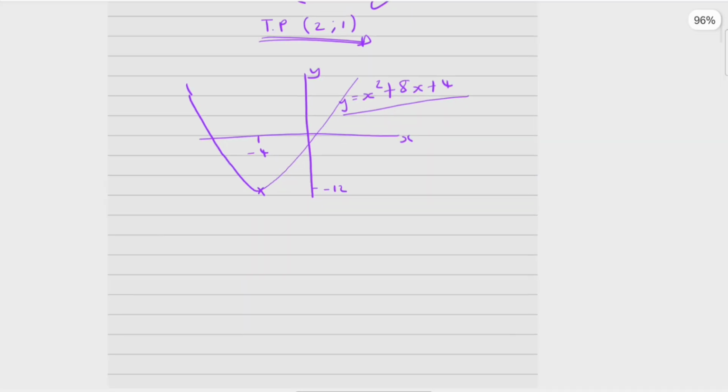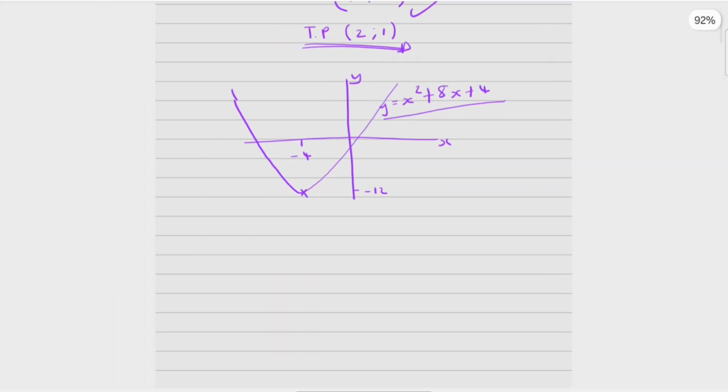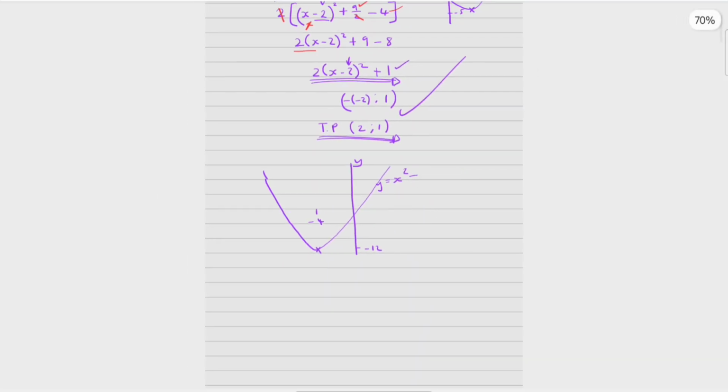So moving on from this, after you get your turning point from completing the square and sketching your quadratic graphs, you can also get the equation of the line of symmetry of your graph, right? Let's use the same examples.